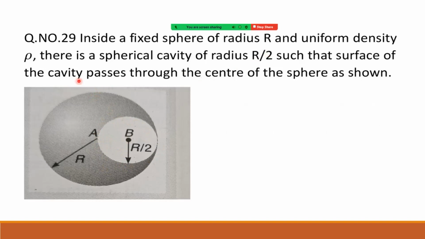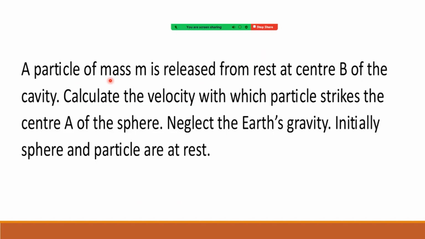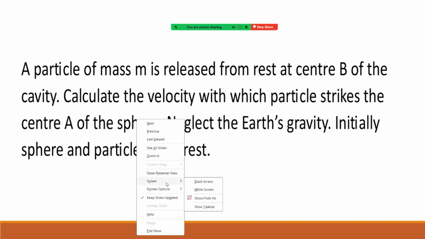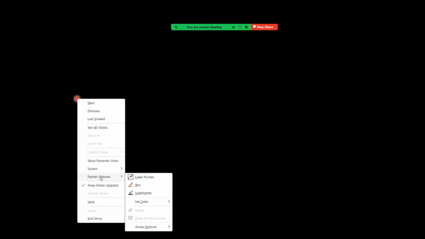Given R by 2, density rho, mass is m. Right? And given it starts from rest. Neglect Earth's gravity. First, let us make a diagram for that.